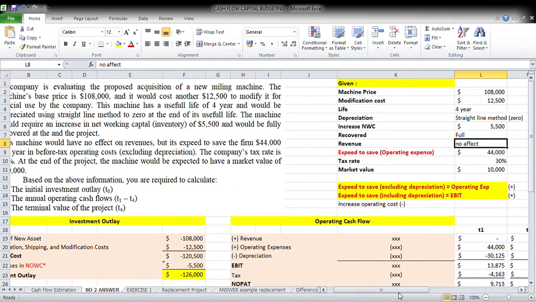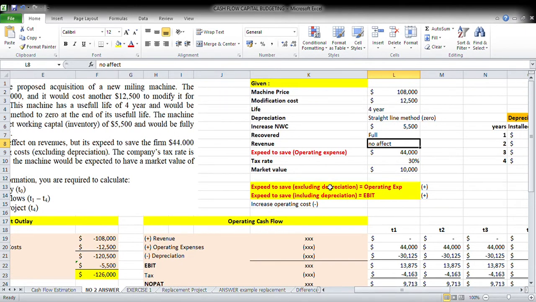So look at this one. Please pay attention to this. If you know the clue in the question, "expect to save" means operating expense. If the expected saving excludes depreciation, it means operating expense plus, or maybe saving.